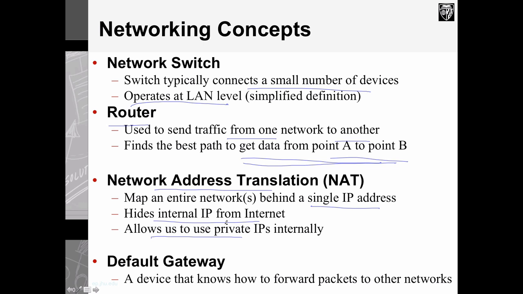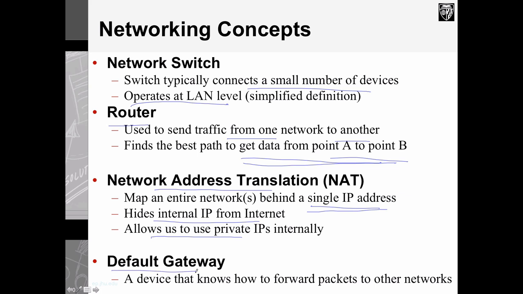Okay. So network address translation helps us hide that complexity of our internal network from the internet. And the other benefit is we just need a single IP address now from our ISP, and we could use multiple devices or multiple IPs on the back end.